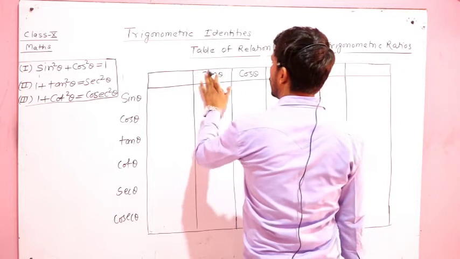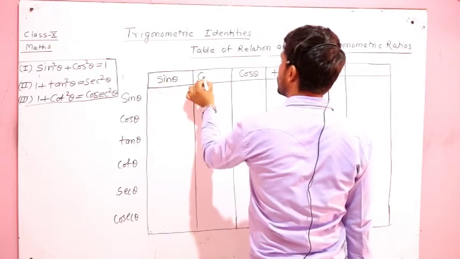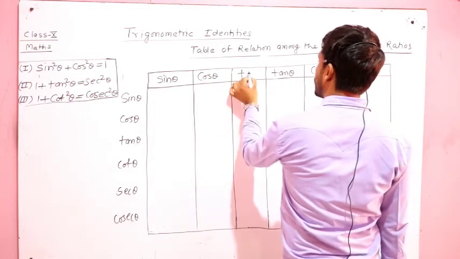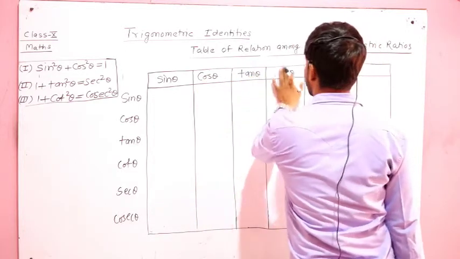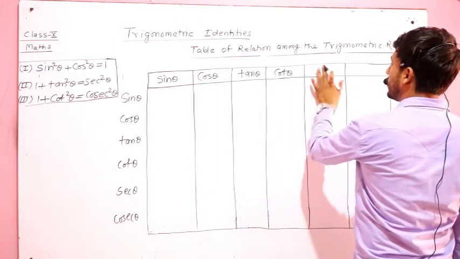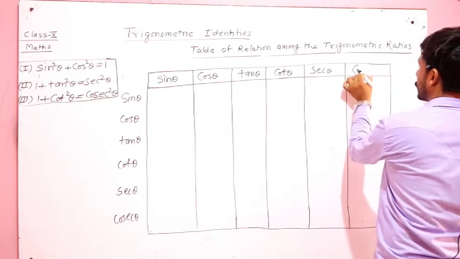Now this is the column for sin theta, this is for cos theta, this is for tan theta, this is for cot theta, this is for sec theta, and this is for cosec theta.